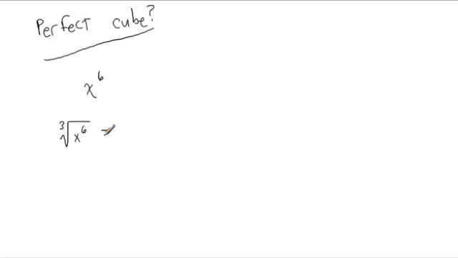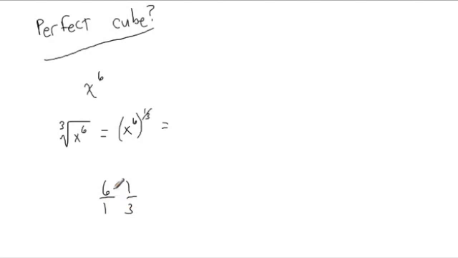Well, the cube root of x to the sixth tells me to take whatever expression is inside the radical, in this case x to the sixth, and raise it now to the 1/3 power. This is x to the sixth to the 1/3 power. I'm raising a power to a power, so I multiply the powers. 6 times 1/3.